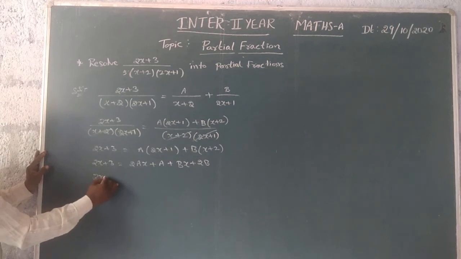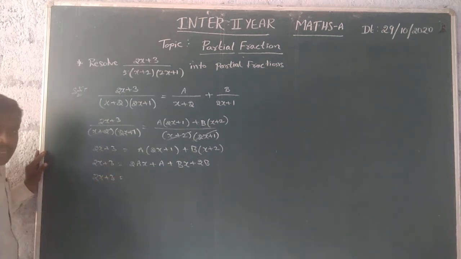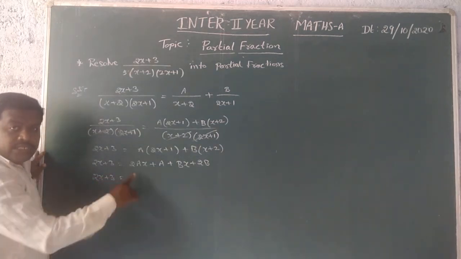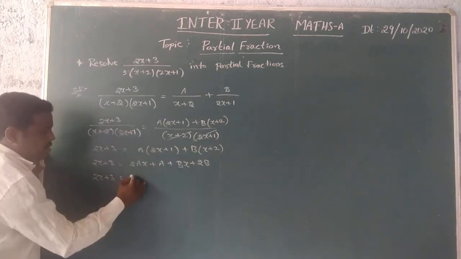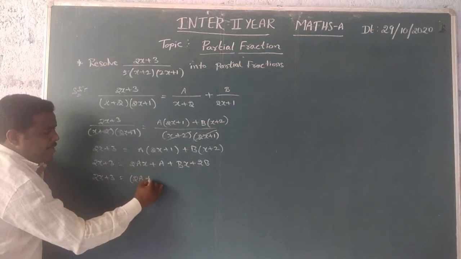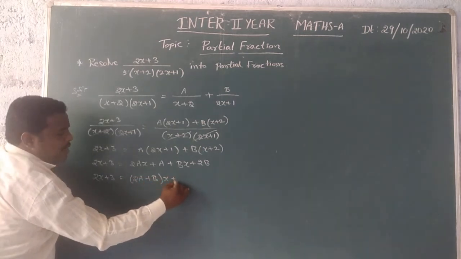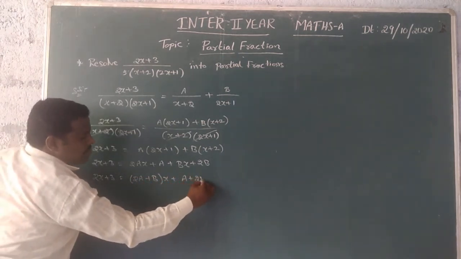On the right side there are 2 different terms, x terms and constant terms. So we take x as the common term. The terms are 2a plus b of x plus a plus 2b.